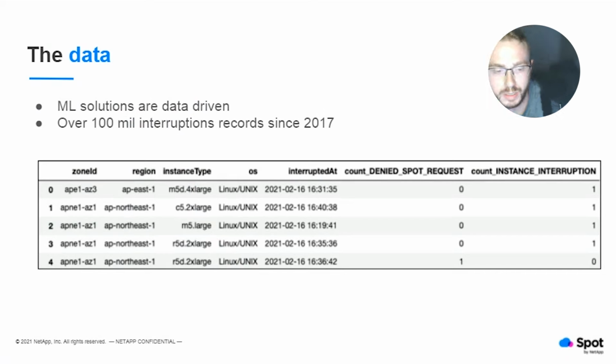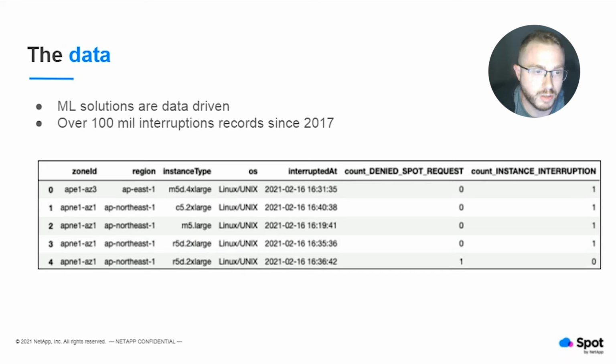Now I want to give you some background about what's really behind it all. The solution is based on our data. So first of all, we can discuss a bit about the data that we have. Spot, or before that Spotinst, has existed for a long time, and we have records since 2017 of interruptions that our customers experienced.